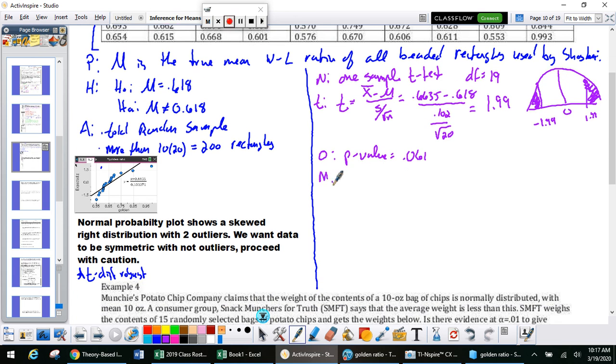So what do we notice? 0.061 is greater than 0.05, so my p-value is greater than alpha, so therefore we're going to fail to reject H0.